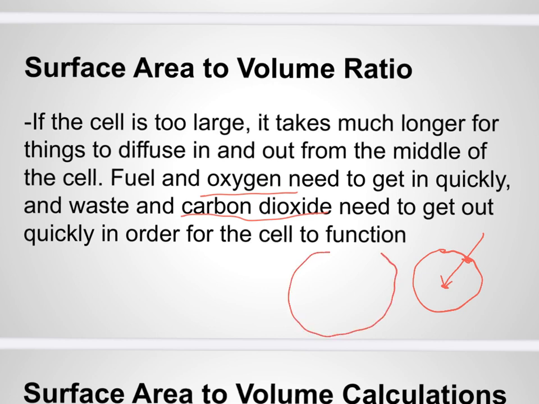And another cell is this big, and it needs to get oxygen from here to here to get all the way inside the cell. Well, this bigger cell, the oxygen has a lot further to travel to make it all the way inside, which means it's going to take longer. If the cell is smaller, it's a lot quicker for the oxygen to get inside the cell.